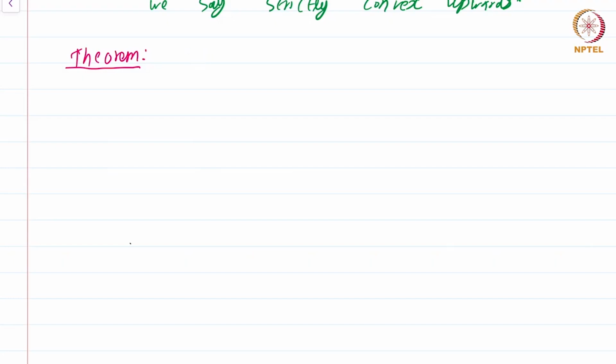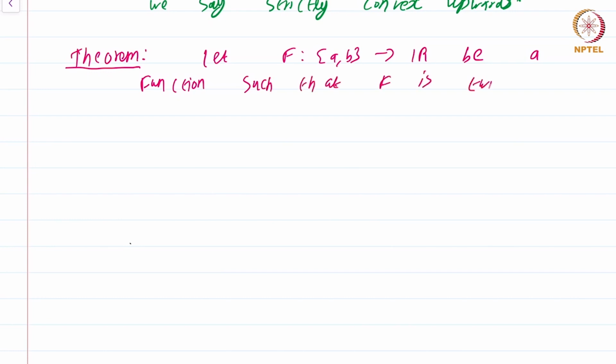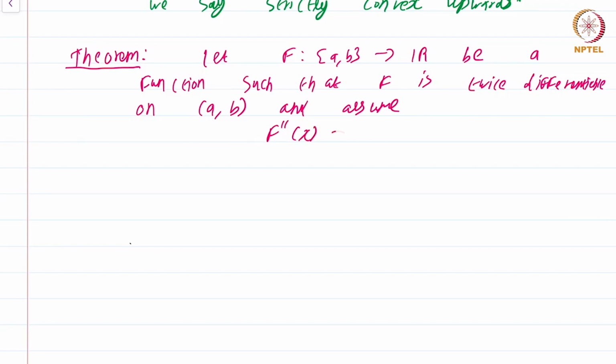Let f from (a, b) to R be a function such that f is twice differentiable on the open interval (a, b), and assume f''(x) is greater than 0 for all x in (a, b).